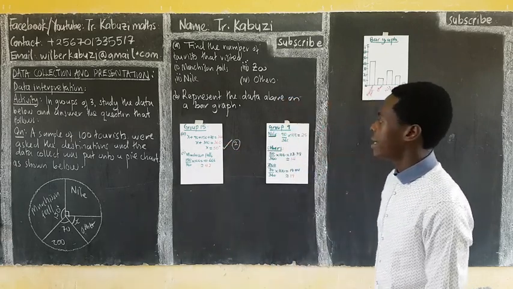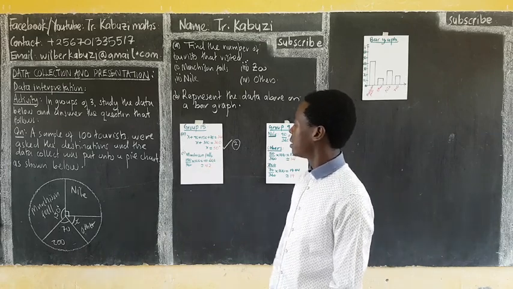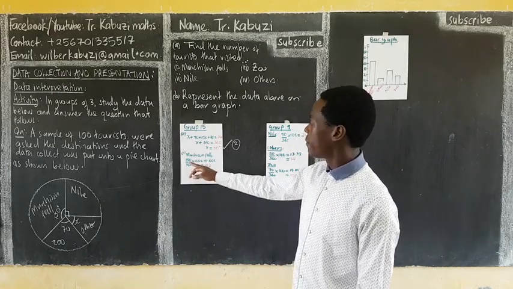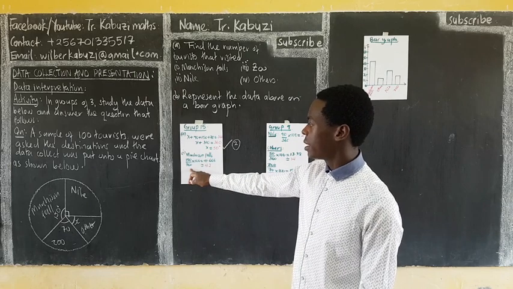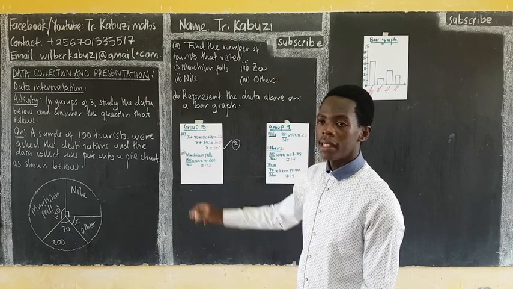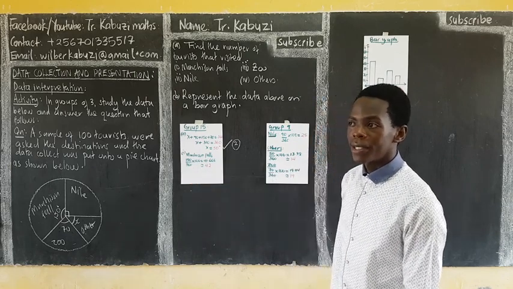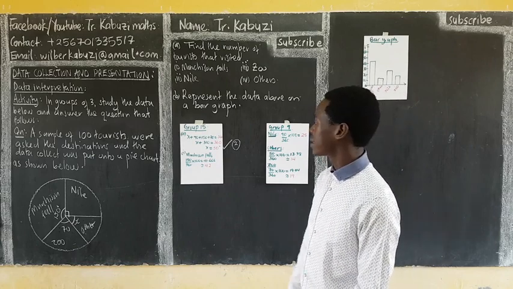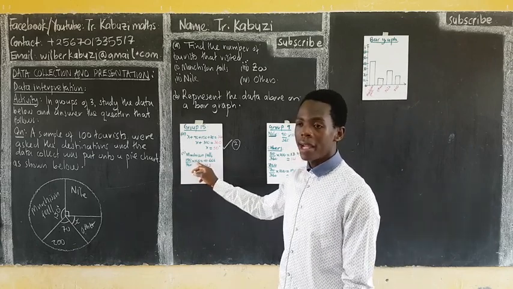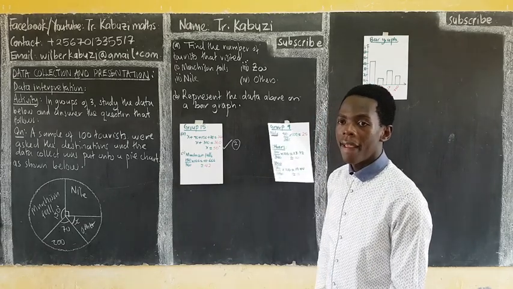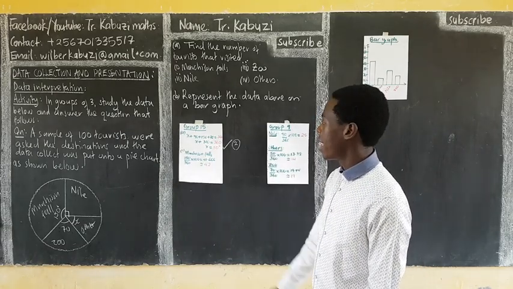Then they are saying they want to get Maxwell Falls. So they get 150 over 360. Why did you say over 360? Because the total number of degrees is 360. Then times 100. Why times 100? Because the total number of people were 100.